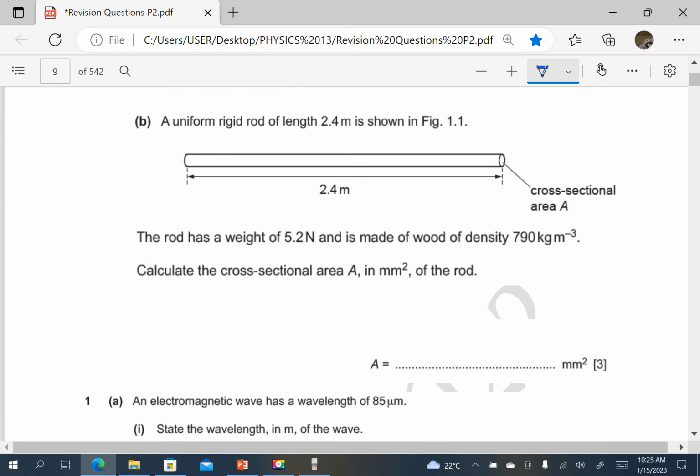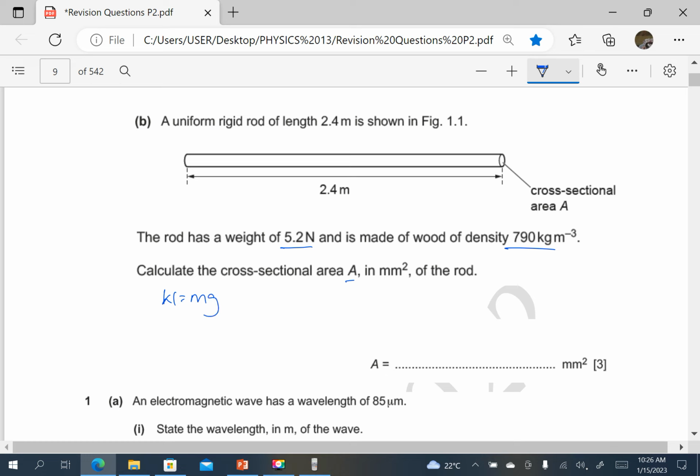A uniform rigid rod of length 2.4 meters is shown in the figure. So the length is 2.4. The rod has weight 5.2 newtons and is of wood of density 790 kilograms per meter cubed. Calculate the cross-sectional area A in millimeters squared. Since they have given us weight, we know that weight is equal to m times g.